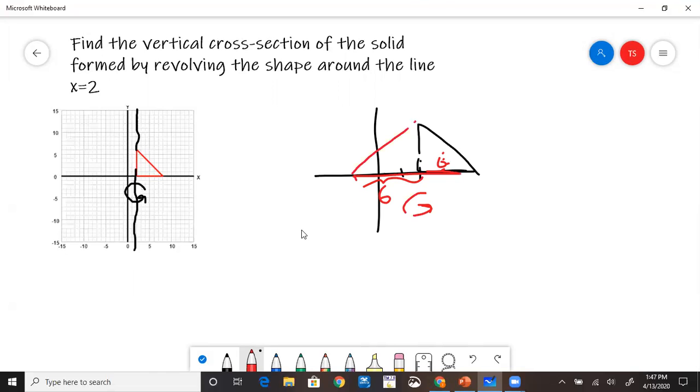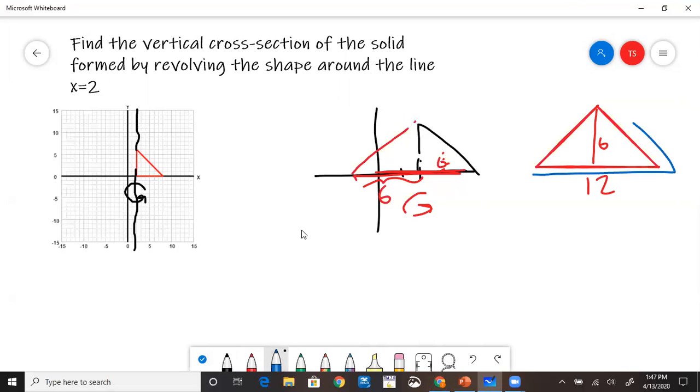So that total bottom side now, if I just draw it by itself, has a distance of 12 along the bottom. But that height, originally we had a height of 6, that height's still going to be 6 tall. But this outer dimension here is what our cross section is going to look like. That cross section is going to be that red triangle spanning from all the way over here on the right to all the way over here on the left.